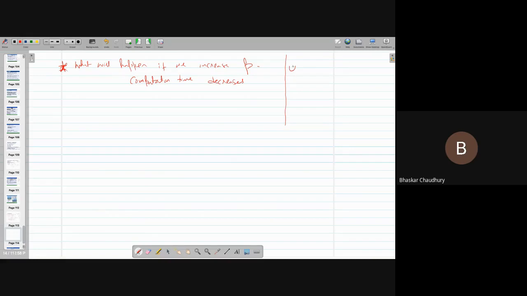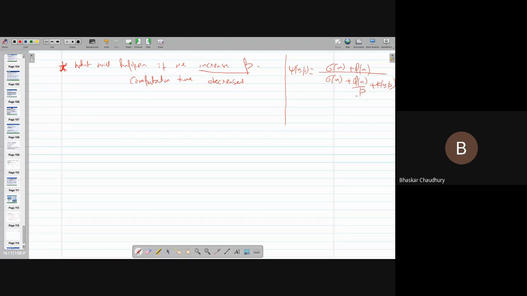That formula is simple: psi n comma p is equal to sigma n plus phi n divided by sigma n plus phi n divided by p plus k n comma p. Now if I increase p, this part will come down, so the computation time decreases.